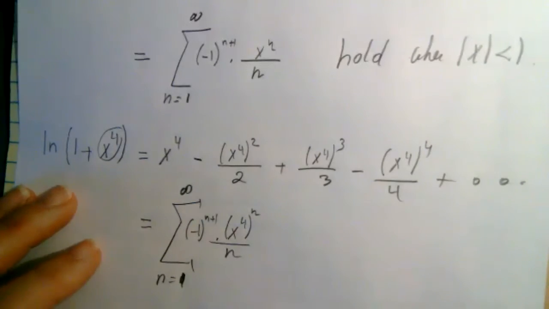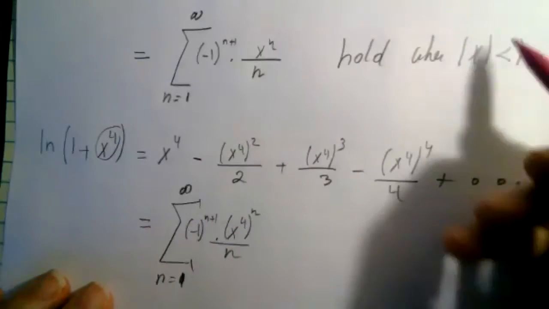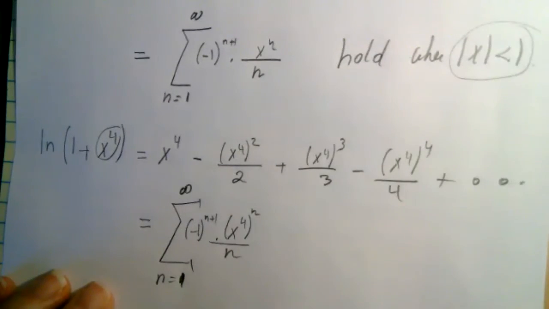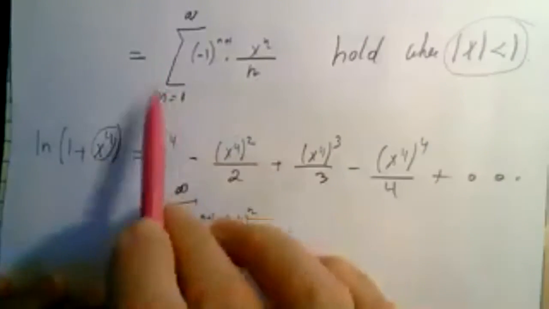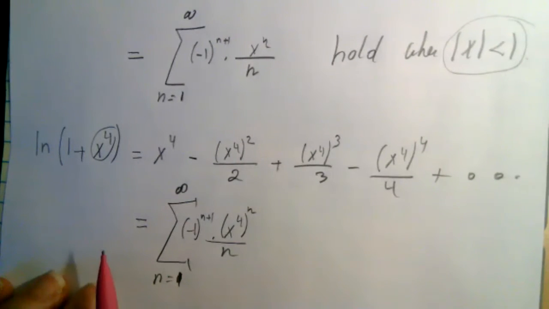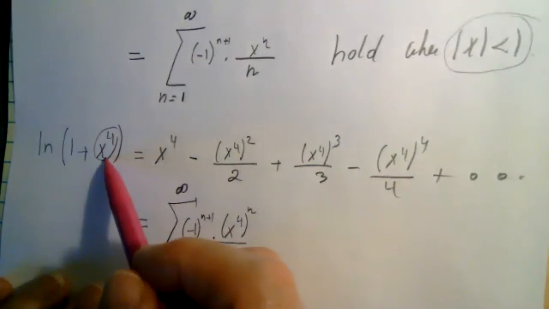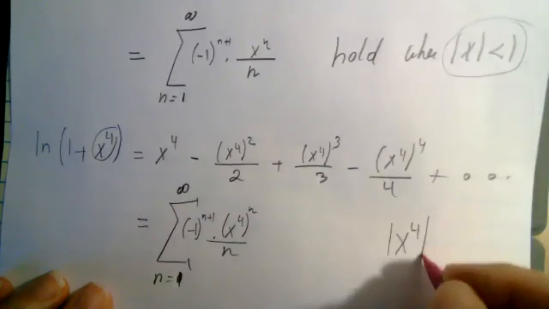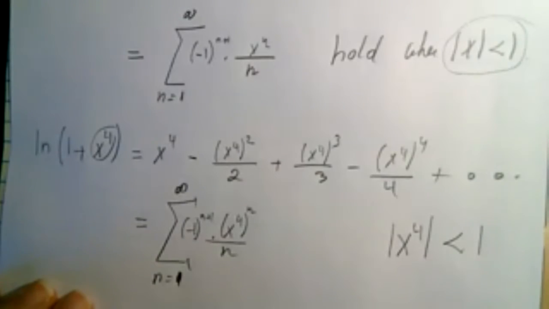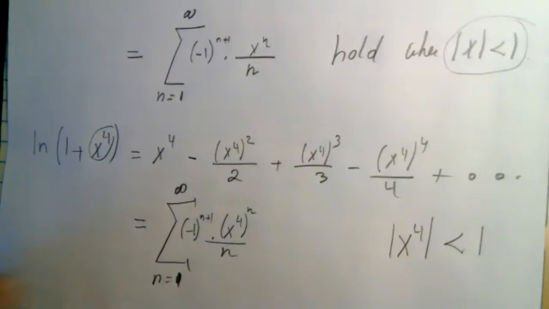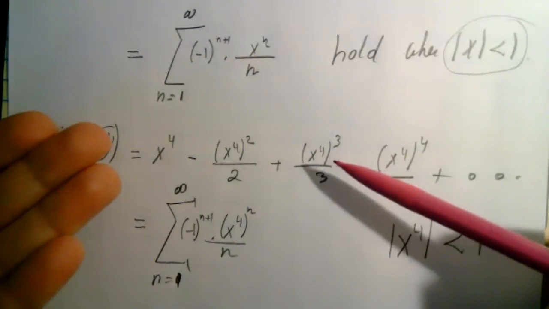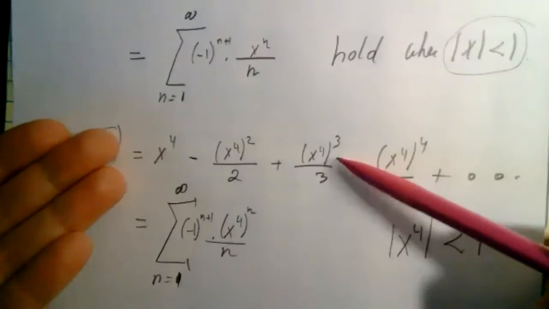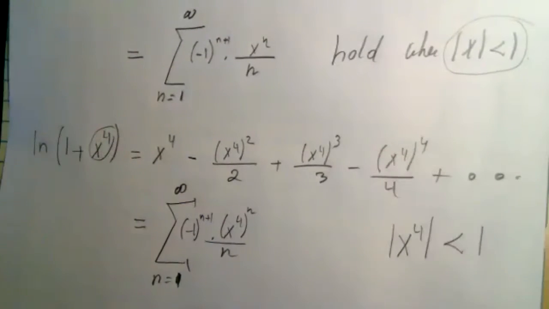Very good. Now, the domain is something I always look at. The original one holds when the absolute x is less than 1. So if I substituted x to the 4 for x, now the condition should be the absolute value of x to the 4 less than 1. Okay, the last step is we're going to write it in a decent way. We never keep it like this. It means we're going to do the algebra.